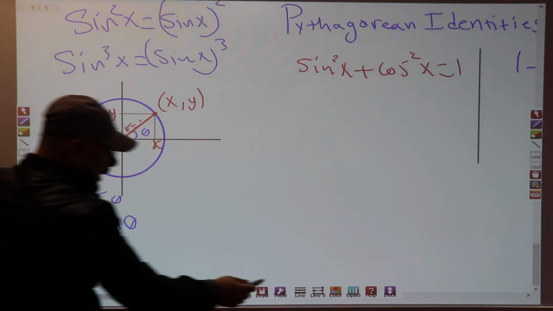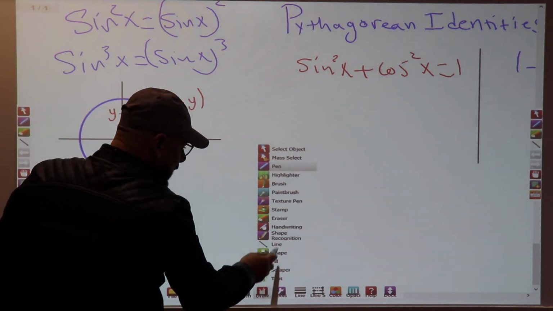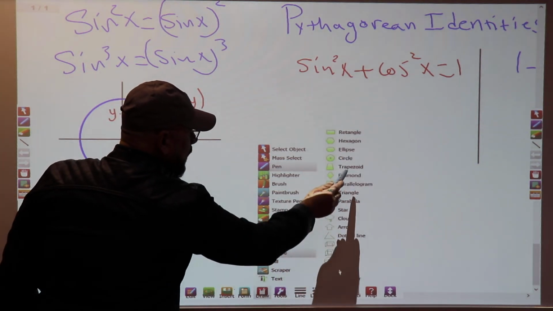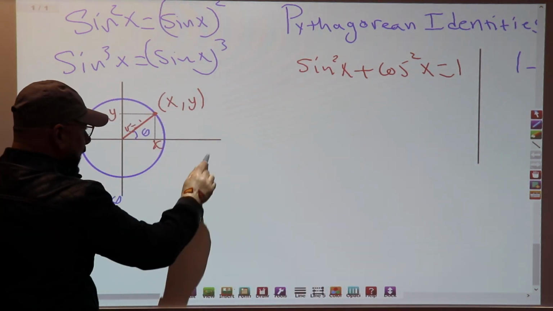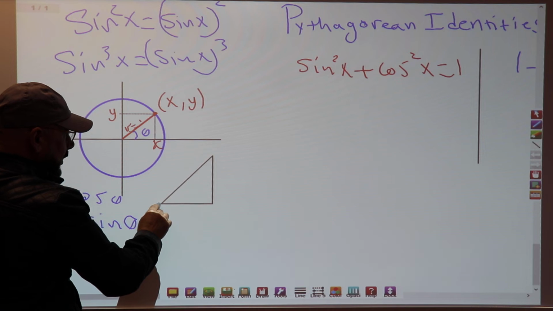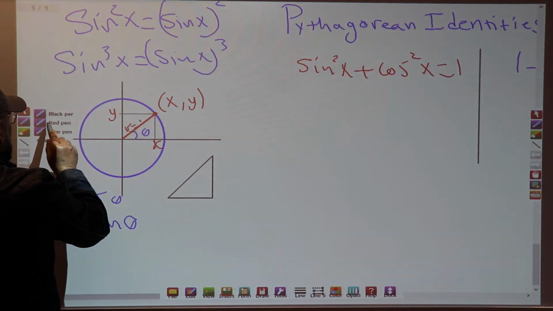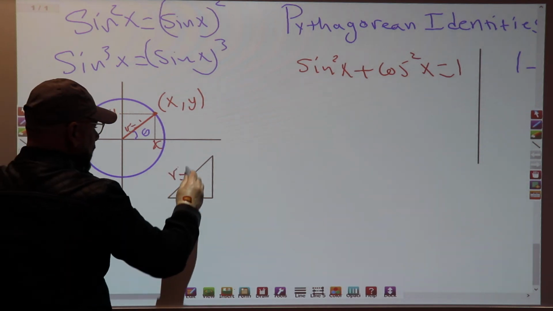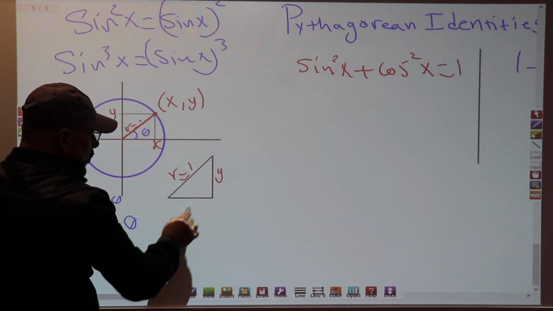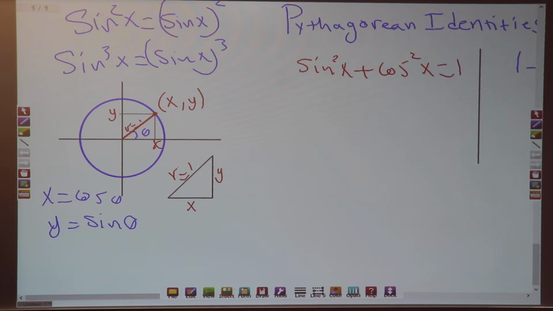Now, look here, let us take this small triangle. You see this small triangle here? We're going to take this small triangle and enlarge it. We know this is 1, and this is y, and this is x here, right?